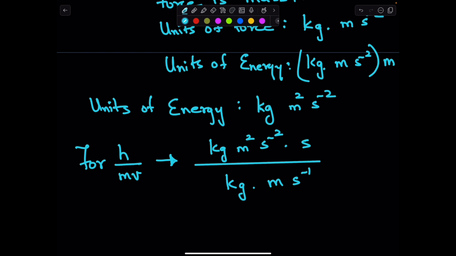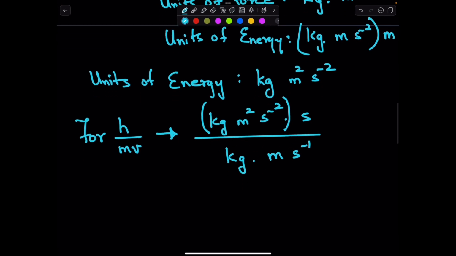Again, Planck's constant has units of joules second, which is kilogram meter squared per second times second, over mass, which is kilogram, and velocity, which is meters per second. This gives us units of meters. So lambda will have units of meters or distance.